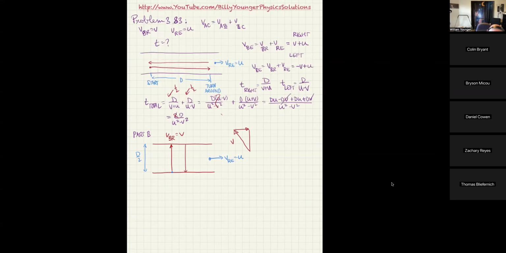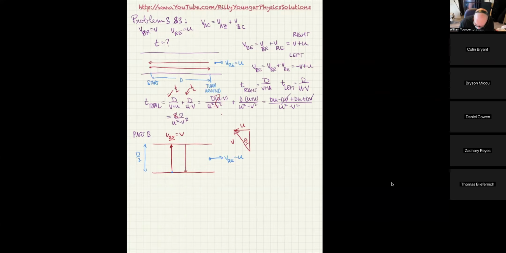So in order to do that, I'm going to point my boat up and to the left like you see here, and that's going to have a component u this way because that's what's got to happen. I've got to cancel out the velocity that goes to the right so that I can land directly across the river. So I'm going to have to go at some angle theta.